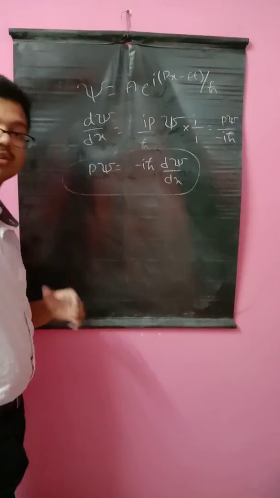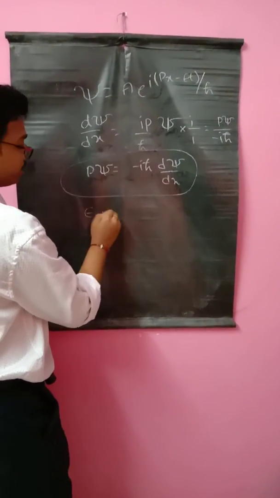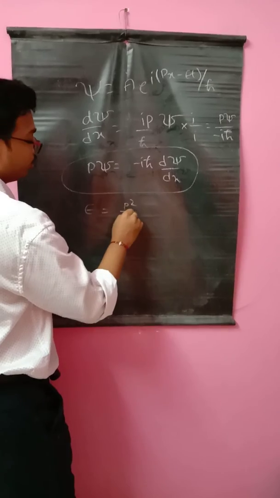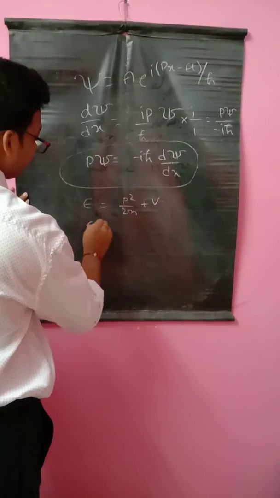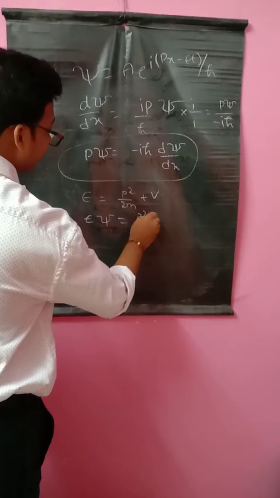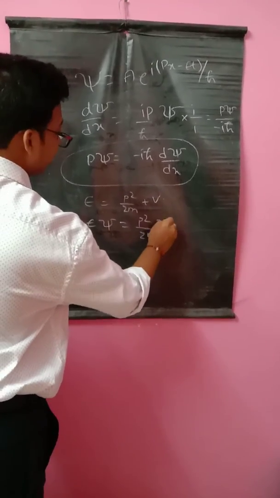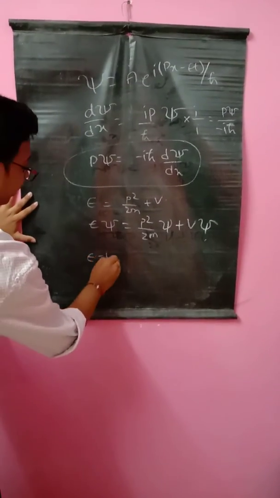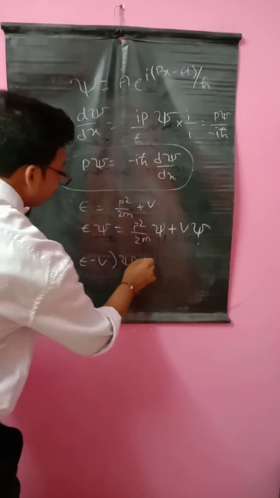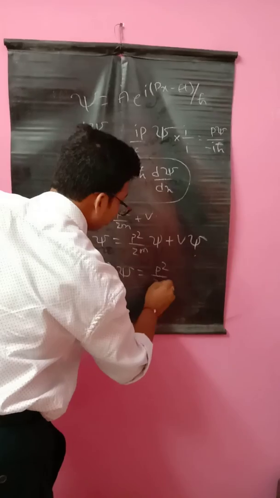According to conservation of energy, energy is equal to p square by 2m plus potential energy. Multiplying with an operator, E psi is equal to p square by 2m into psi plus V psi. On rearranging, E minus V into psi is equal to p square by 2m into psi.